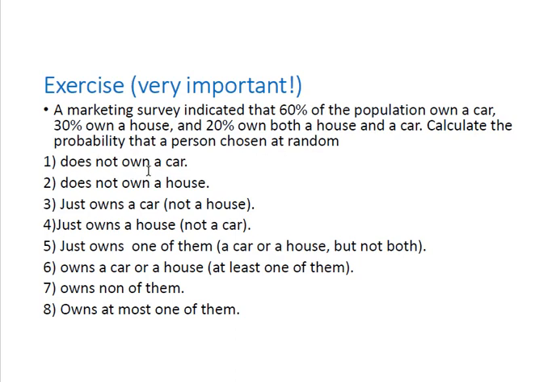Okay, at first, what we have is that 60% have a car, 30% have a house, and 20% have both of them. So we can write it like this. What are the assumptions?